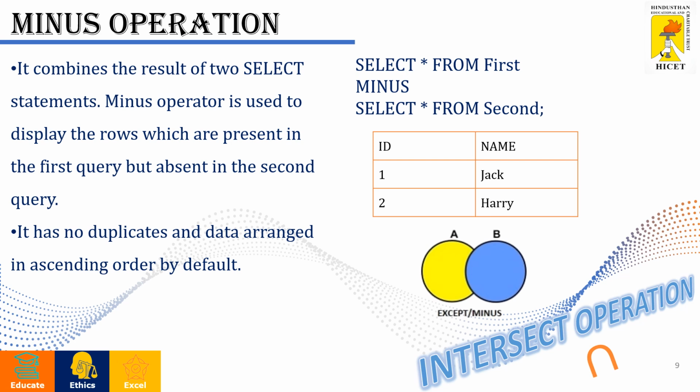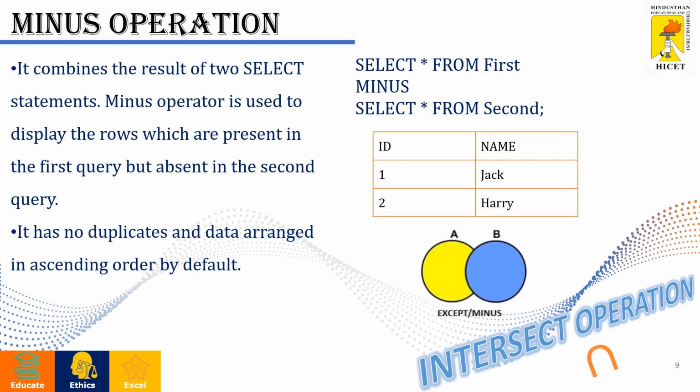Or you can say the values which are present in the first table and not present in the second table will be given as the result of this minus set operation. Here also you will not have any duplications, and the data will be arranged in ascending order. By default, for all the four operations we have seen, the data will be arranged in ascending order.